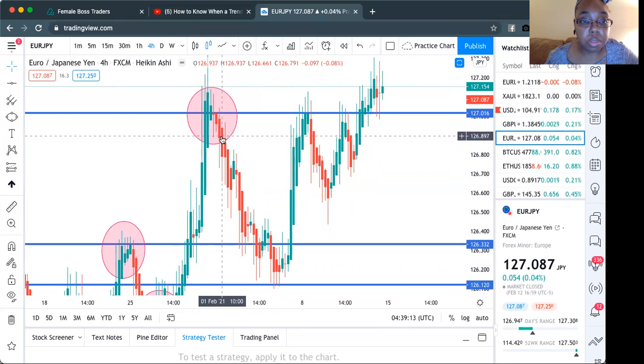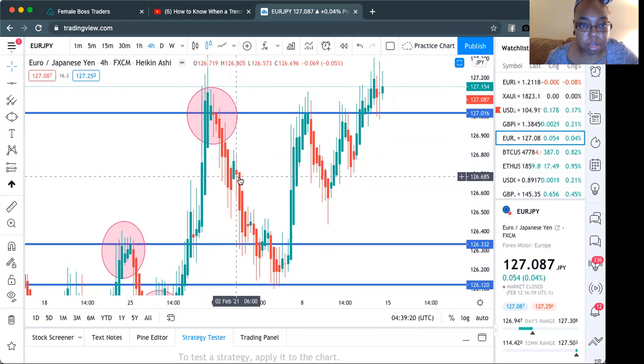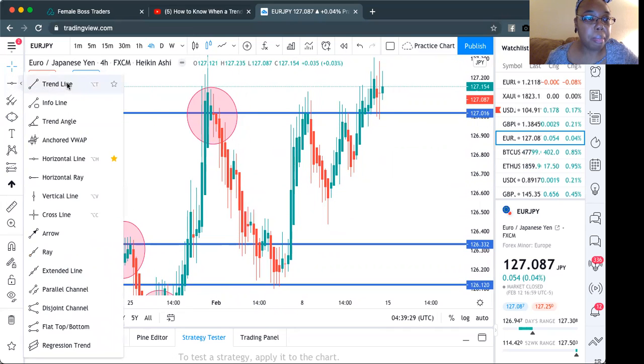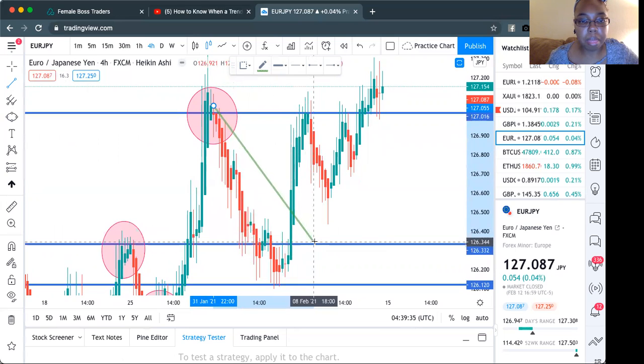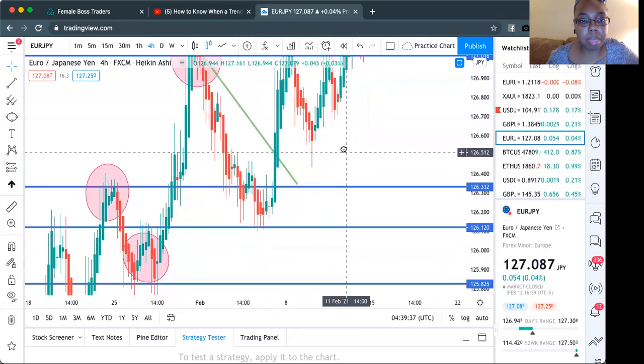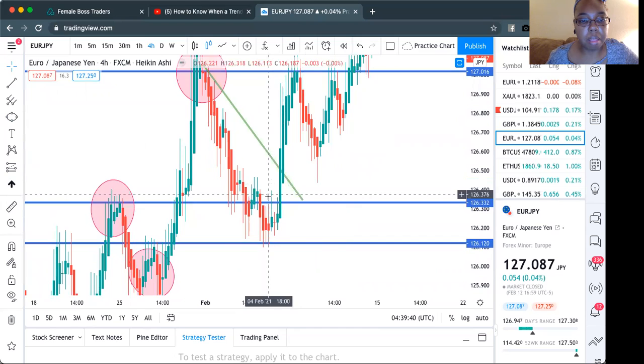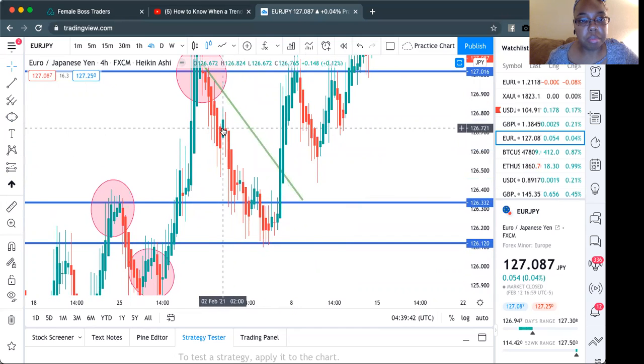the sellers took over. So you could have caught this down, and then there's some consolidation a little bit here, but you still probably could have caught this down. Let me see something here. So I could have caught this.